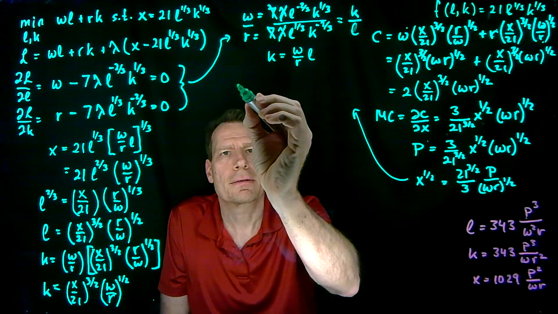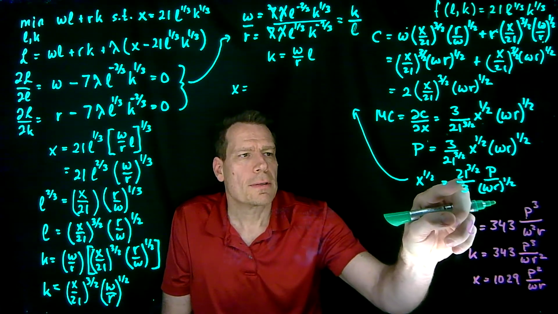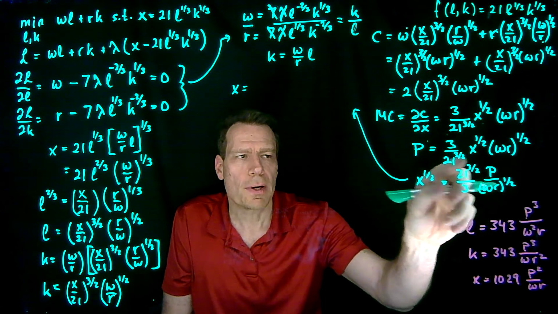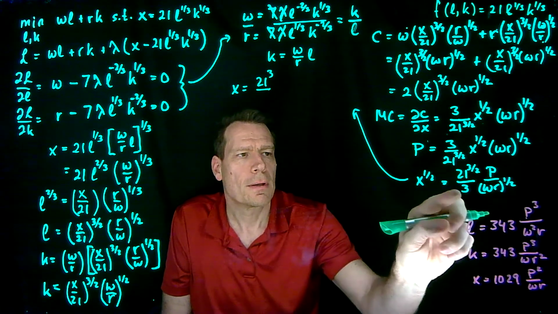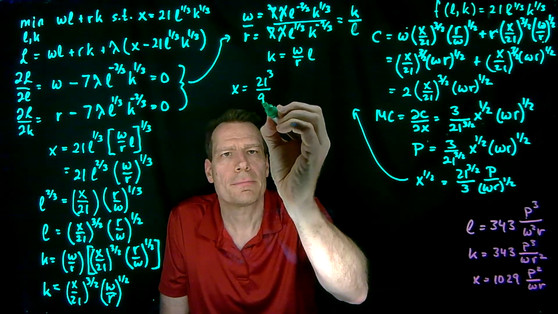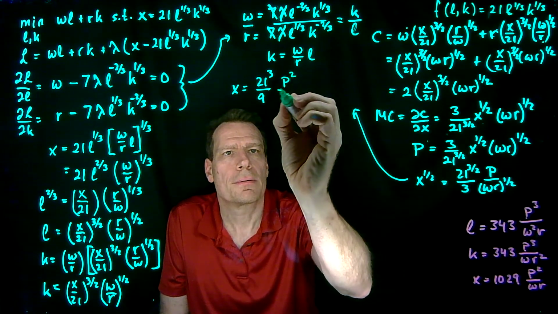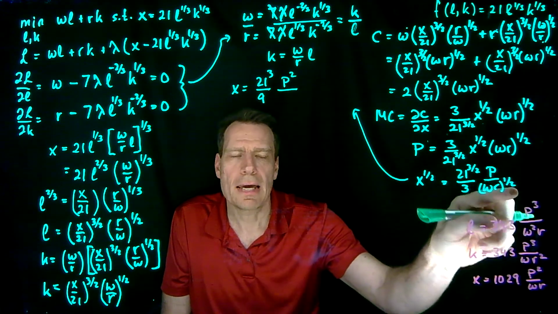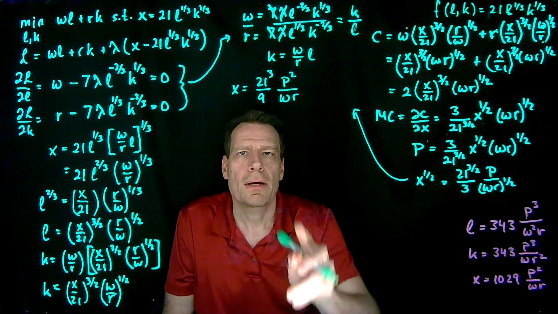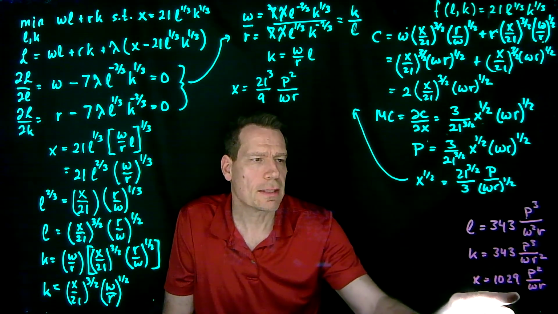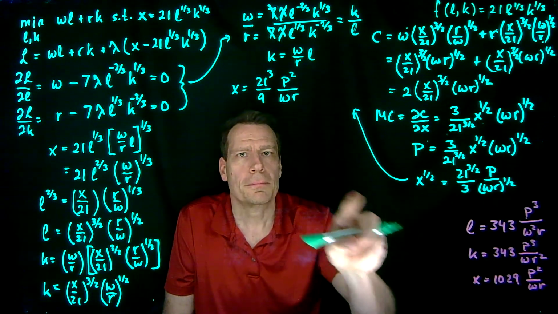We get x is equal to 21 to the 3/2 squared, which will just be 21 to the 3rd. 3 squared will be 9. P squared. And WR to the 1/2 squared will just be WR. So what we have is an equation just like this: P squared over WR.